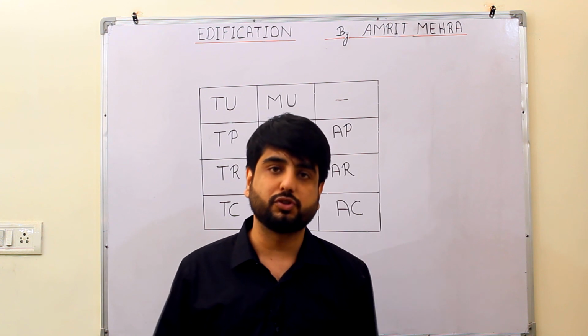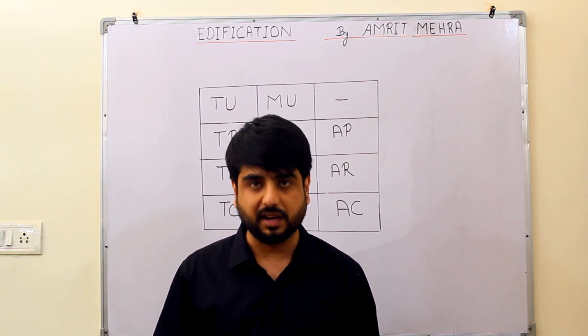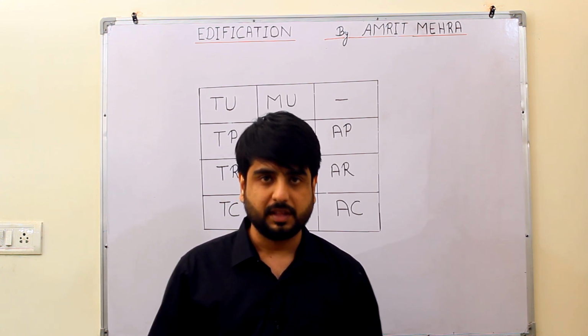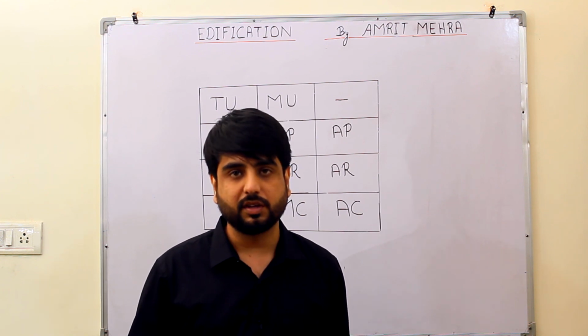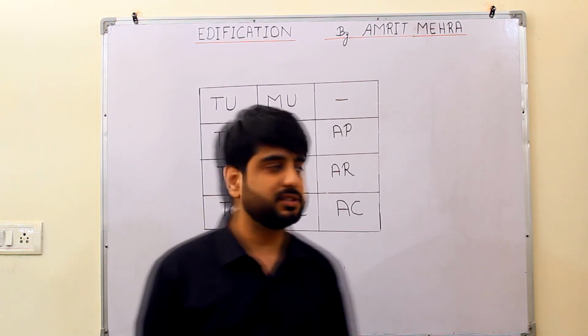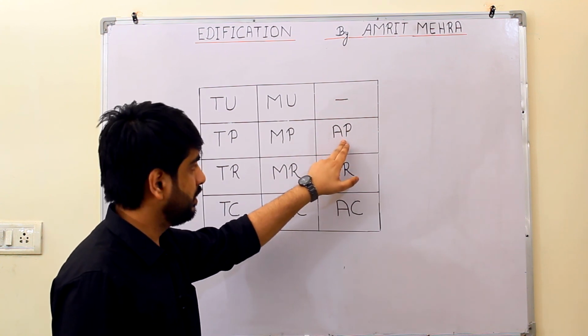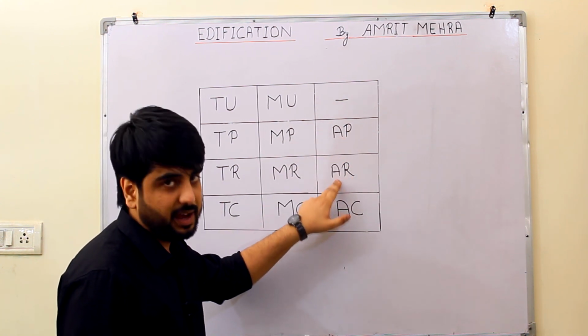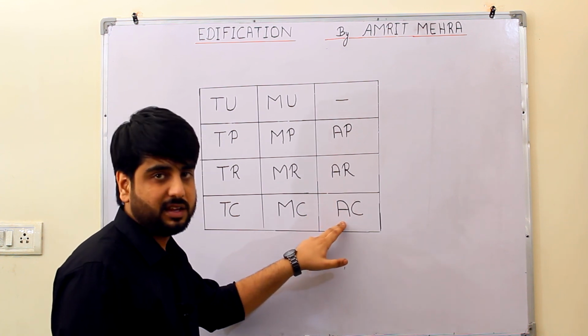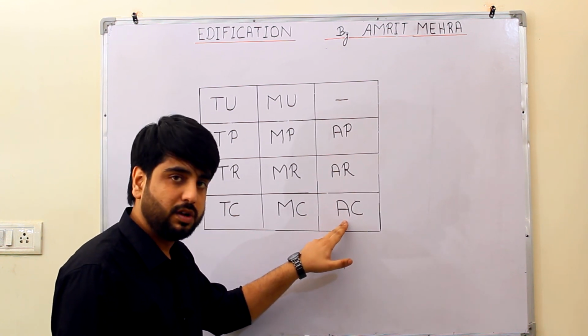So they are not supposed to be 0 and they are not supposed to be negative. These are all fraction values. The formula you will be applying is for AP, TP upon Q, AR, TR upon Q, AC, TC upon Q.